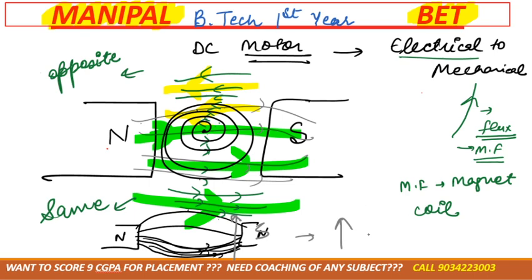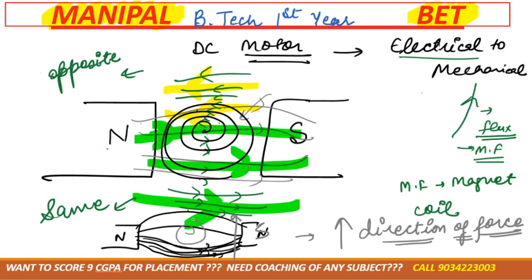So the direction of force must be upward only. We can't see the magnetic field lines, but they ultimately exert force on the coil, and the coil starts rotating.